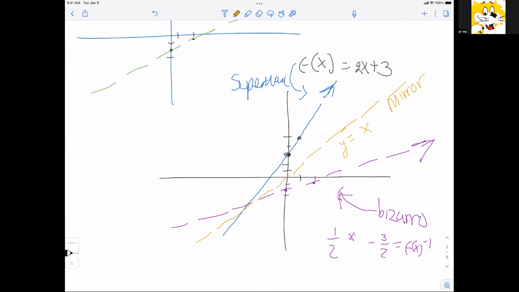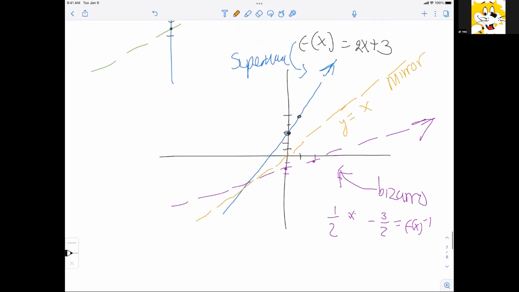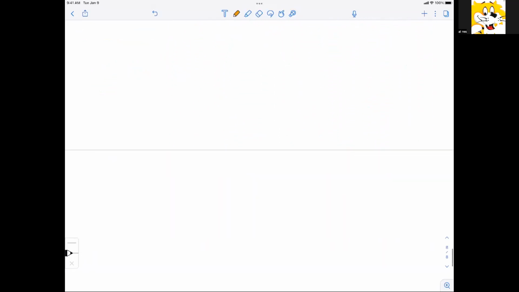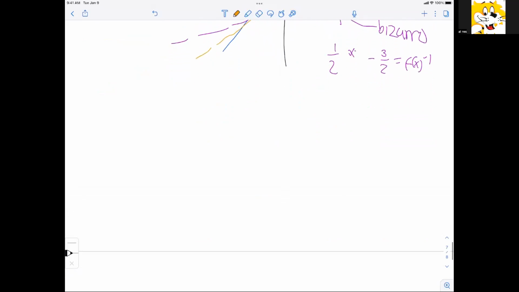For some reason, my Zoom is not working. Uh-oh. My system is not working. If you can see my iPad, I'm going to continue on my iPad because my Zoom looks like it froze.